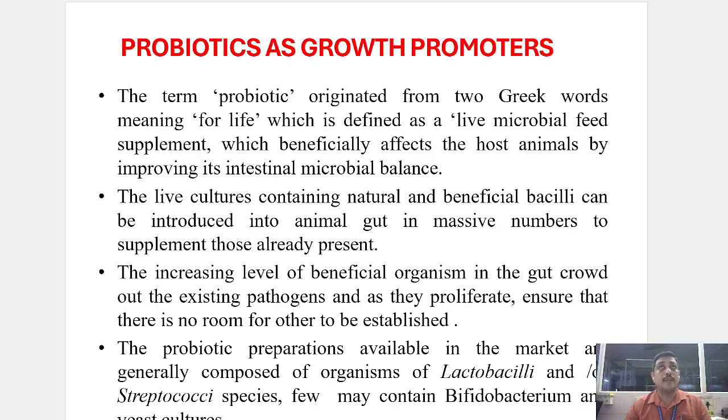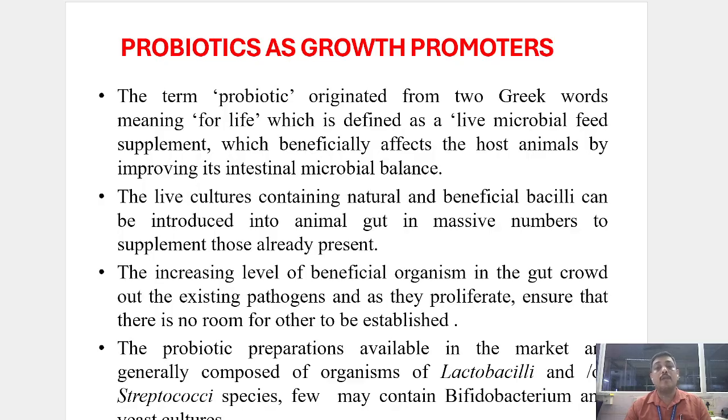The second important property is that it should be gram positive. Why should it be gram positive? Because it has a thick membrane so that it can resist the destruction of digestive enzymes in the animal. It should have high tolerance for bile, and it should also have high tolerance for acidic pH.